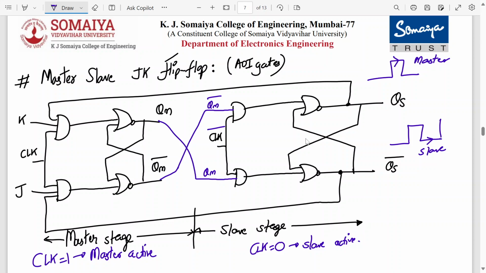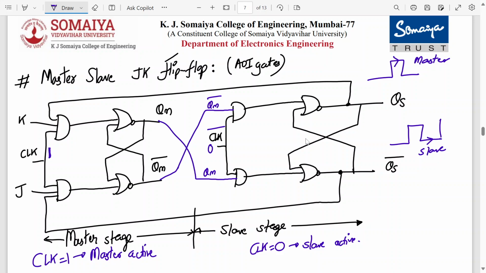I'll say again, when the clock is 1, J and K inputs are allowed to enter into the master flip flop, right? First stage QM and QM bar are set as per J and K inputs. Agree to this? Now when the clock becomes 0, that means clock bar becomes 1, the slave flip flop is turned on.